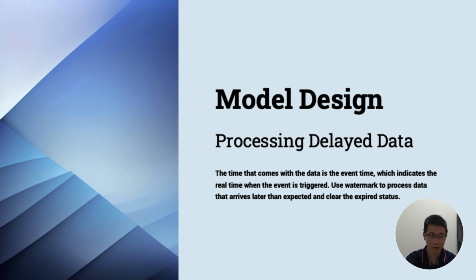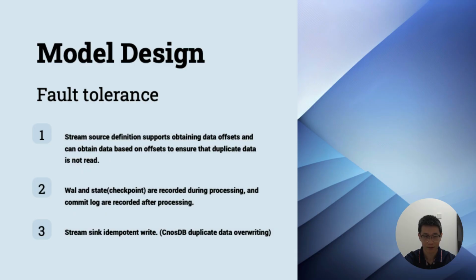Now, let's move on to the topic of fault tolerance. As mentioned earlier, one of our challenges is how to handle fault tolerance in stream processing. In stream processing, there are several mechanisms for achieving fault tolerance.